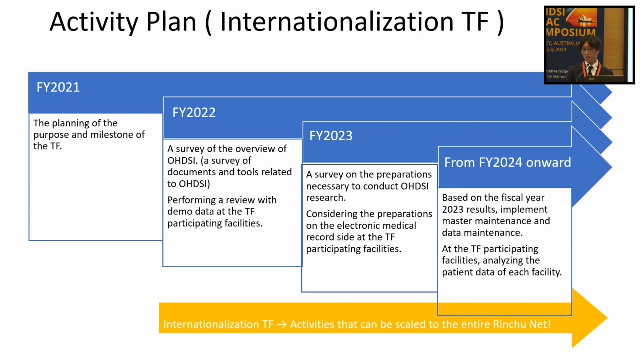Looking ahead to 2023, our focus will be on terminology conversion and transforming medical data from EMR into the OMOP format. As you know, the terms commonly used in OHDSI are not widely utilized in Japan. So handling this challenge is very difficult, but we are committed to developing these systems.